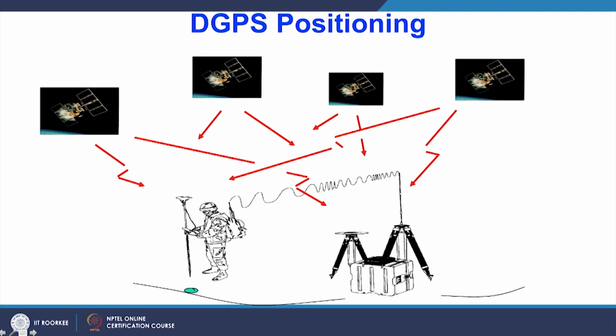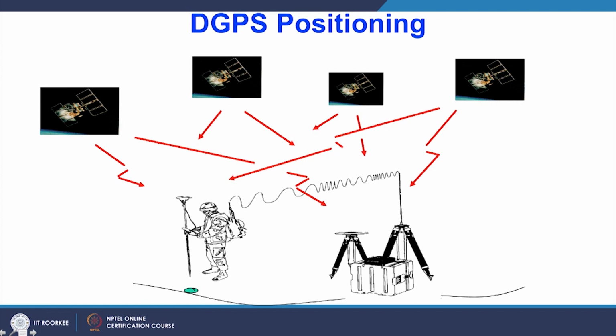You can see here that there is a reference receiver which is placed on a point whose position is known, and this is the rover receiver, and this is a radio communication connected with the reference receiver. So the basic idea is that the errors available at the reference will also be the same at the rover receiver.